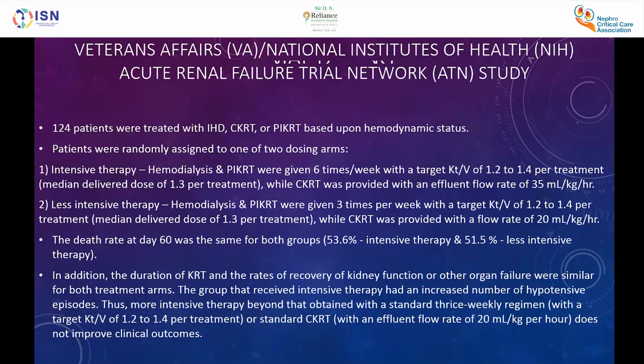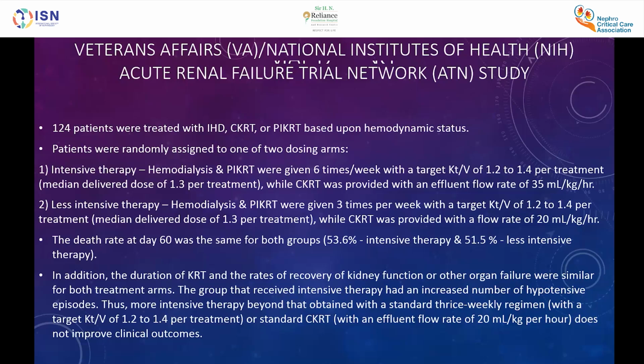There is this study, the VA/NIH ATN study, where 124 patients were treated with various forms of dialysis based upon their hemodynamic status. They were randomly assigned to one of two dosing arms, the intensive therapy and the less intensive therapy.